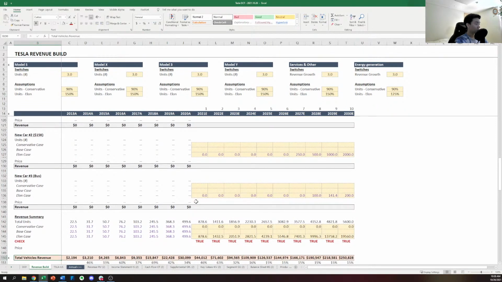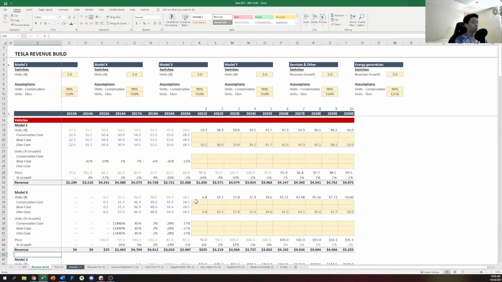And then now it's a matter of how much should we decrease our base case and conservative case by? Like we talked about last stream, the 2021 figures should all stay the same because they're very reliable figures.